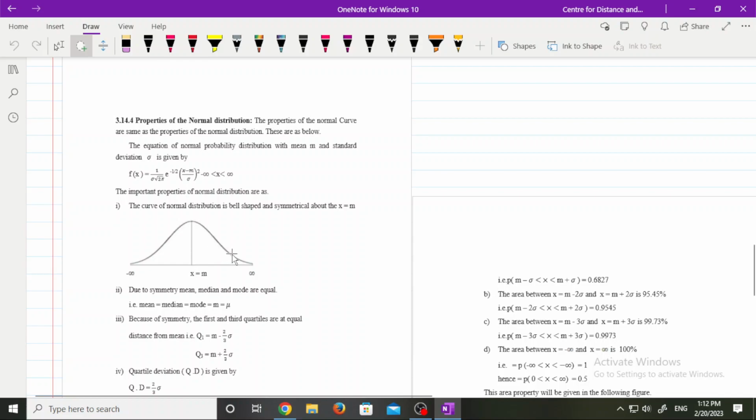On the right-hand side of x is equal to m there are only positive values, that is plus 1, plus 2, up to infinity, and on the left-hand side there are negative values, that is minus 1, minus 2, up to minus infinity.